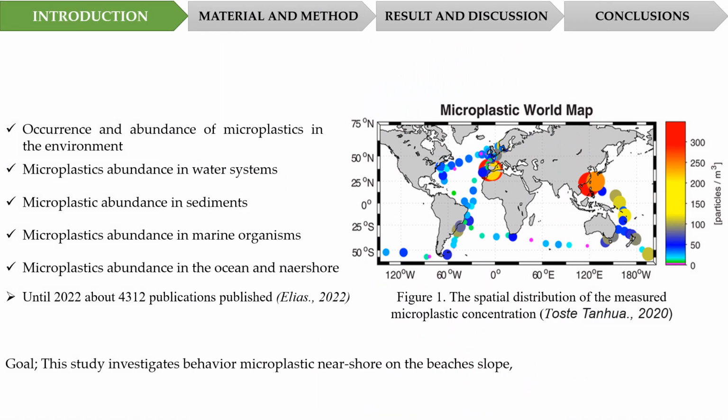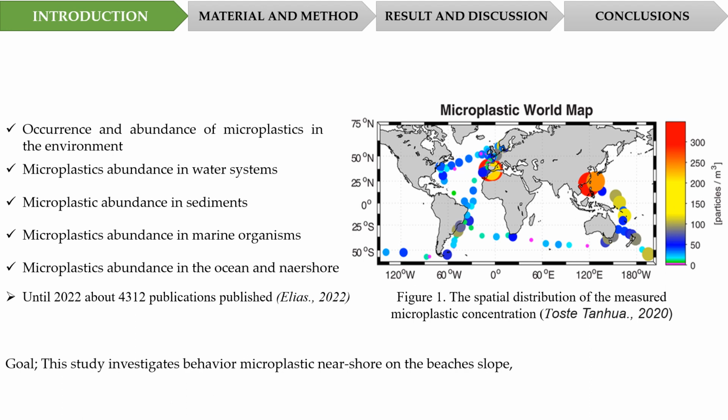We know that microplastic pollution in the ocean is now a global problem. Scientific interest has grown: until 2022, about 4,300 studies have been published related to microplastic pollution.